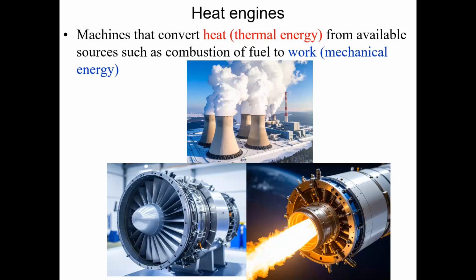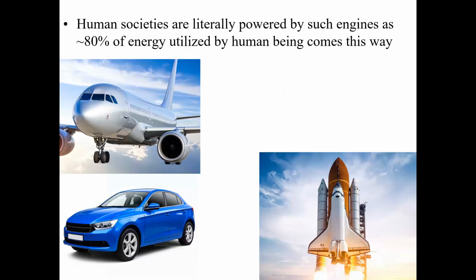Other examples of heat engines include vapor power plants, gas power plants, and rocket engines. In fact, human societies are literally powered by such heat engines, since about 80% of energy utilized by human beings comes this way.